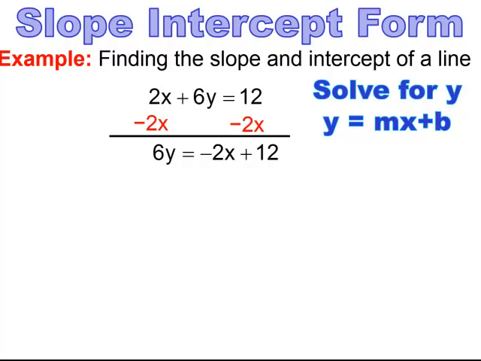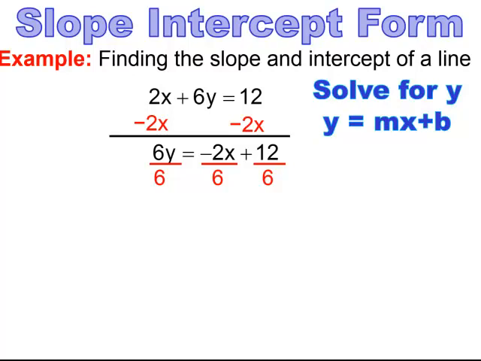And the reason why I'm putting the -2x next to the equal sign is because I want it in slope-intercept form, and the x variable is next to the equal sign. So now I have to get rid of what's attached to the y, which is that 6, and to get rid of it, I need to divide. Now remember, you have to divide everything on the other side of the equal sign by 6.